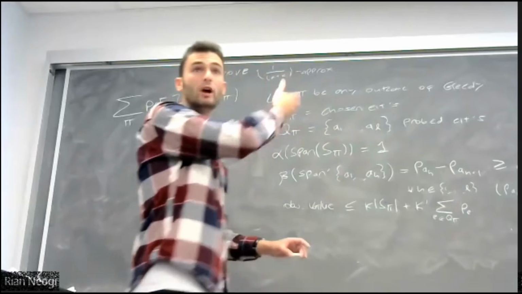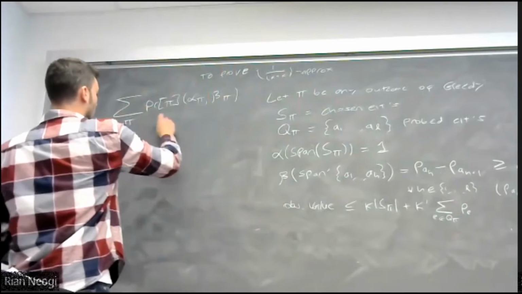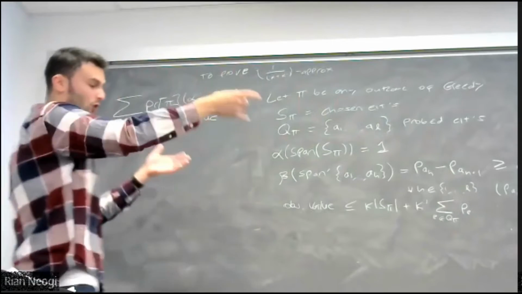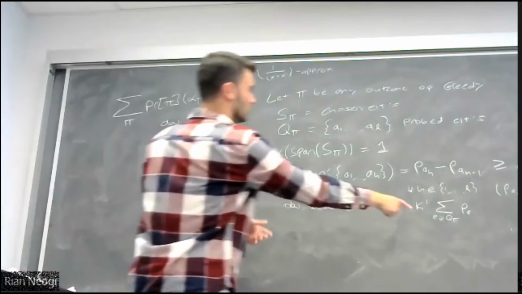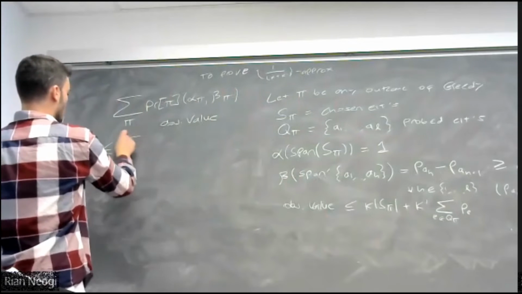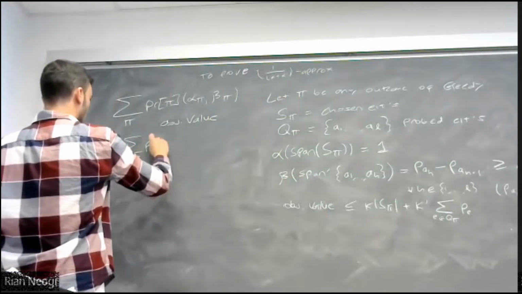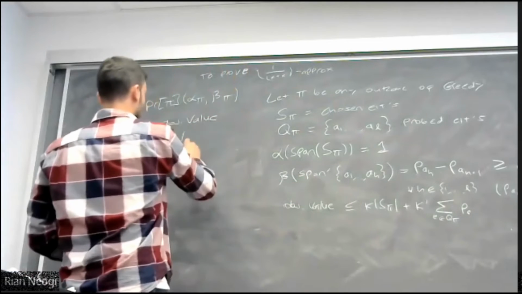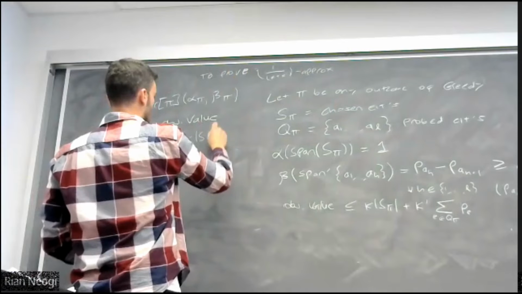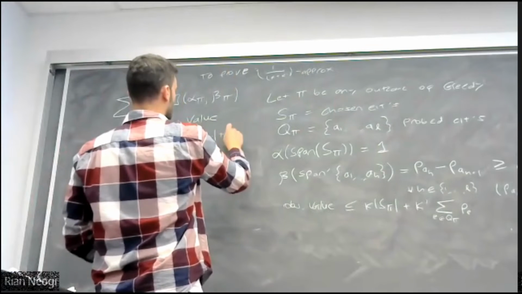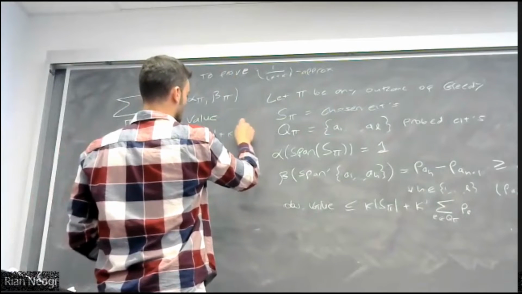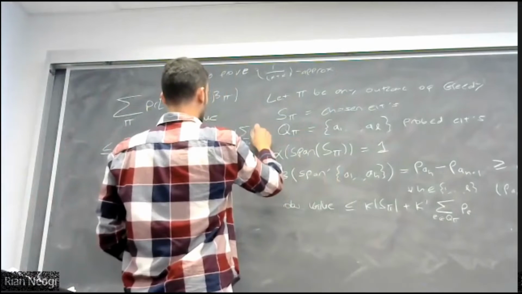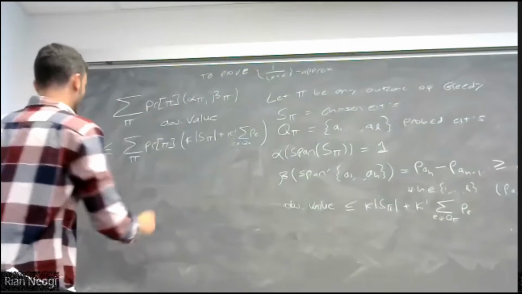But let's see what the objective value of this is. At each term in the sum, we could use this inequality. So this would be at most the sum over all possibilities, probability times this: k times the number of elements chosen, plus k prime times the sum over all elements that were probed, probability of activation.